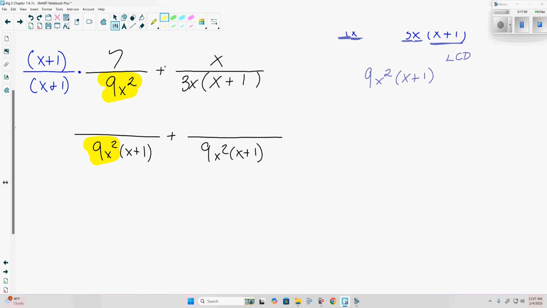Now let's look at the other side. Now we have the x plus 1. That already matches up completely. However, we don't have the 9x squared. We have 3x.